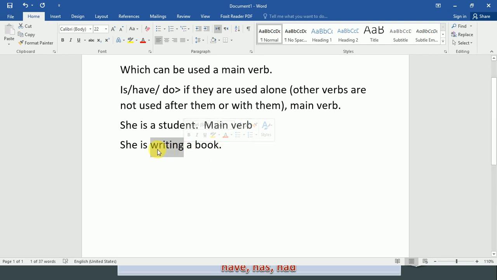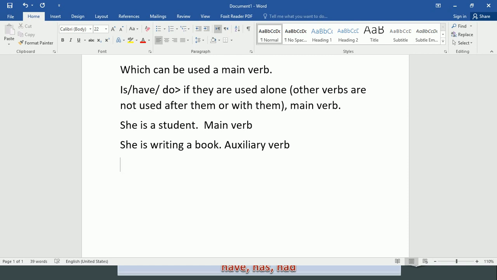So here is does not have any meaning; it's just helping and assisting to make a continuous tense. So here we say it is used as an auxiliary verb. If another verb comes after these, we call them auxiliary verbs. If they come alone, without another verb with them, we call them main verbs.